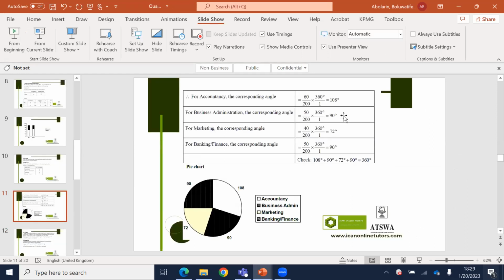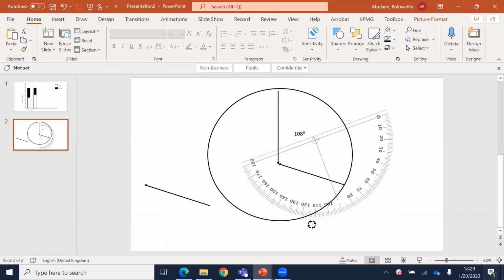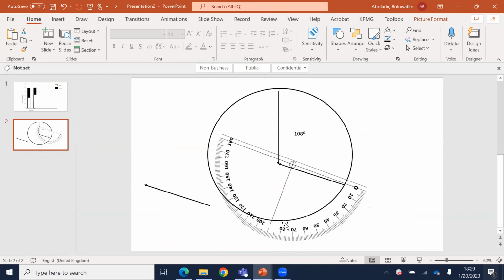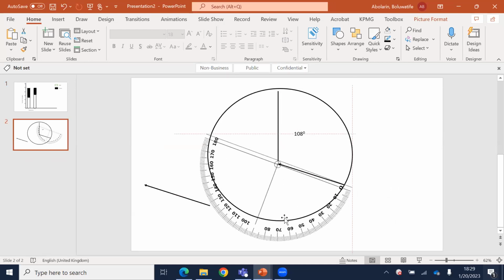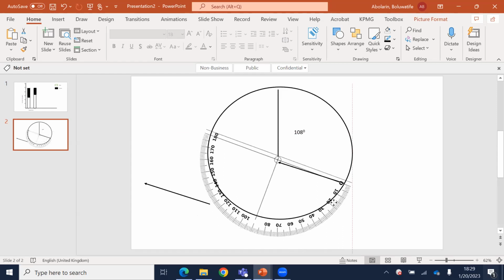So the next one is what? 90 degrees. I'm going to put your protractor here again. On this next one, this one you've done, I'm going to bring it here. On this one, make sure it's at the middle.